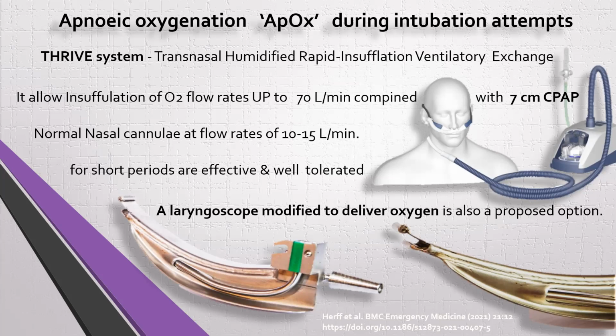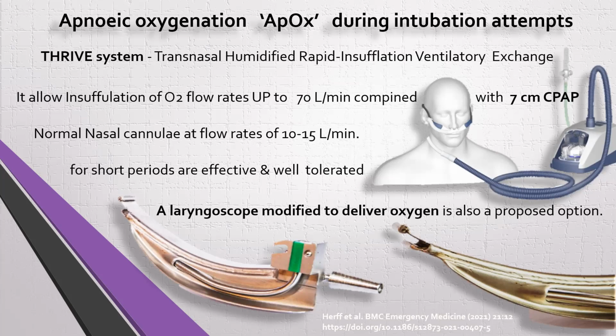The result of this paper, published in Emergency Medicine 2021, was that the oxygenating laryngoscope gave optimal pre-oxygenation compared with high flow nasal cannula. It was even better, but I read this in one paper only.